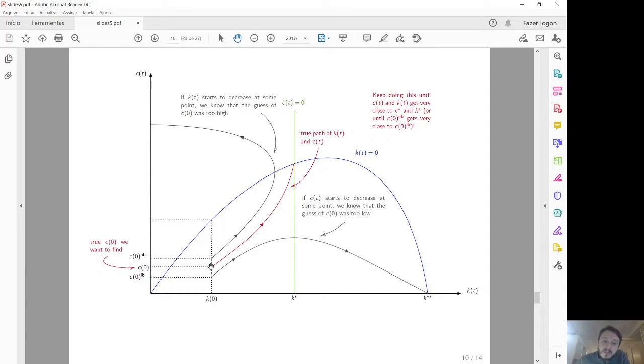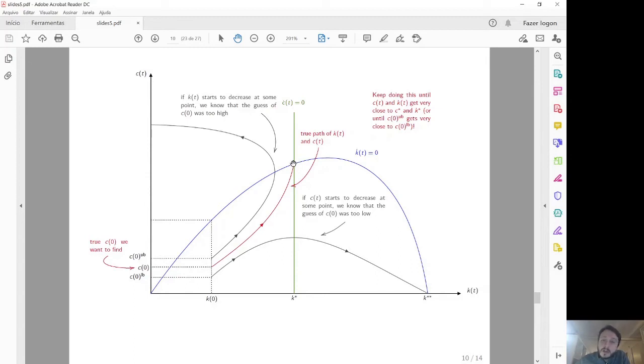What will happen is that we're going to get a path that will converge to C and K in steady state. And at some point in time, we're going to see that in this path, we have a point that is very, very close to the steady state consumption and capital. When we do this, we stop. Okay, that's what we're going to do in the code.